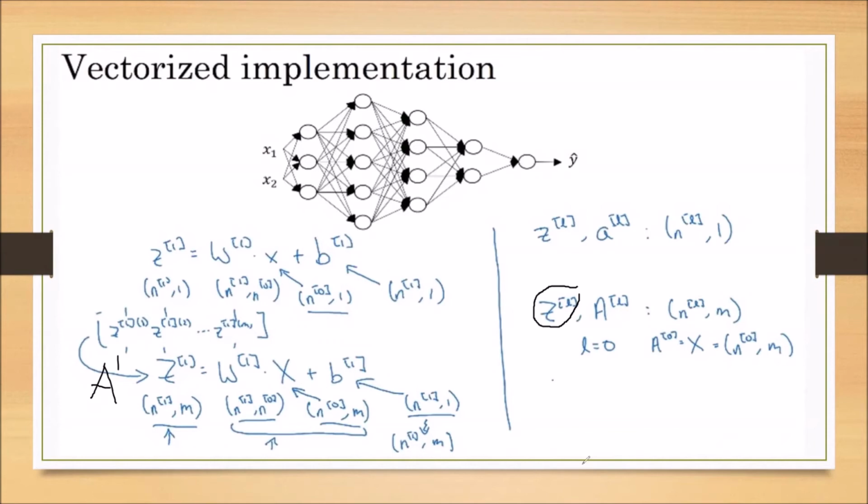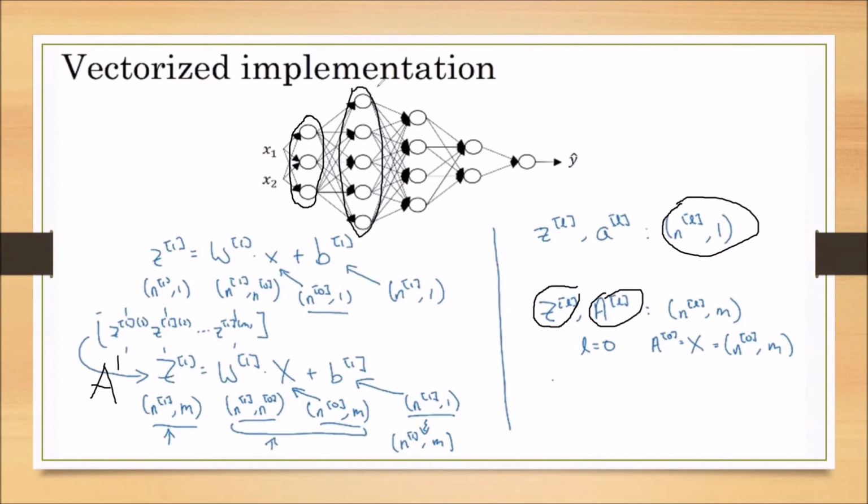So now the common matrix notation for ZL and AL for a single training sample is NL by 1, the number of activation units. It is a simple point. If we have only 3 activation units and want to find Z, we get a 3 by 1 matrix.